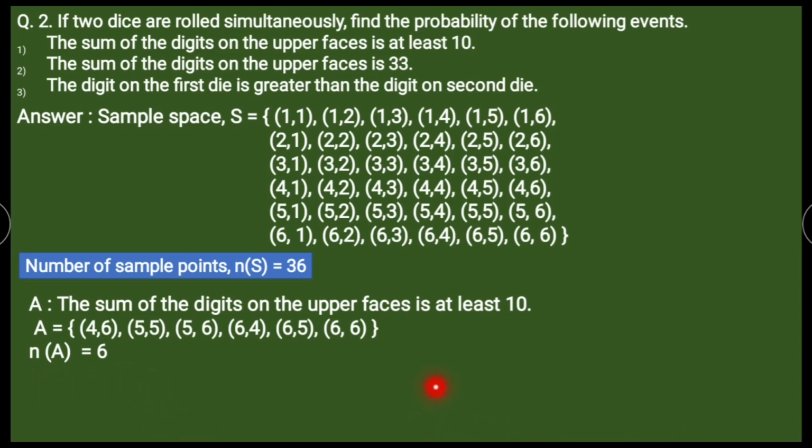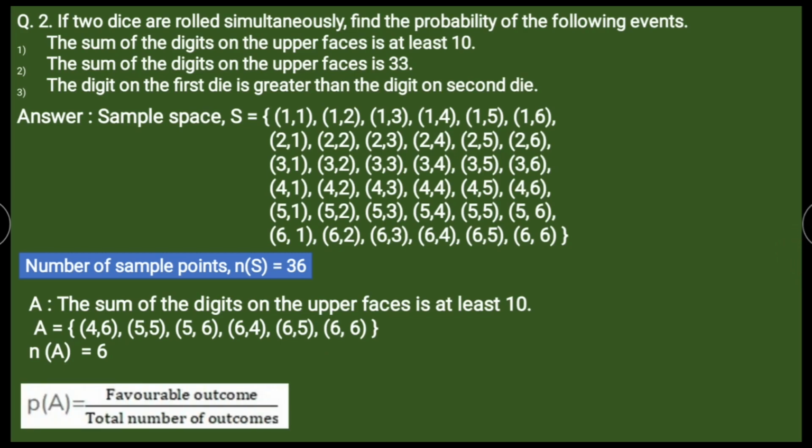So we use here the formula P(A) equals n(A) upon n(S), that is favorable outcomes upon total number of outcomes. So substitute the value of n(A) as 6, n(S) as 36. So we get the probability that the sum of the digits on the upper faces is at least 10 is 6 by 36.